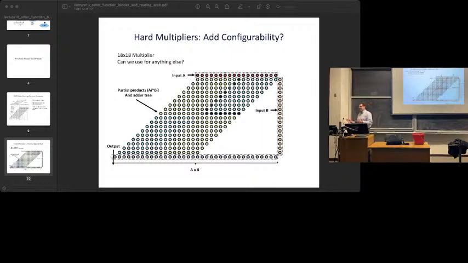Okay, so I could choose to do this, but if I choose to do this, I better believe 9-bit's really important. It may be as important or even more important than 18-bit, because this is going to actually cost me a lot of area. So what you'll find is that FPGA architectures that do this, and there are quite a few that do, even though they could make 4 9x9 multiplies out of this, they don't.